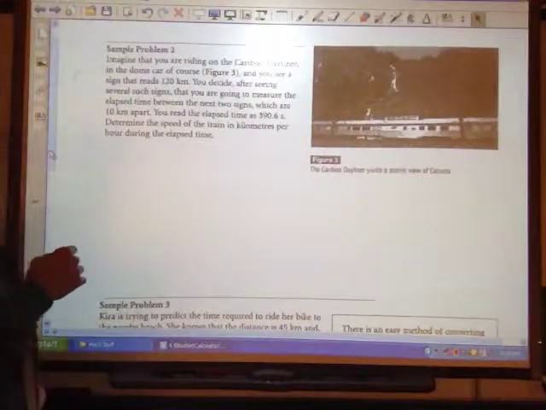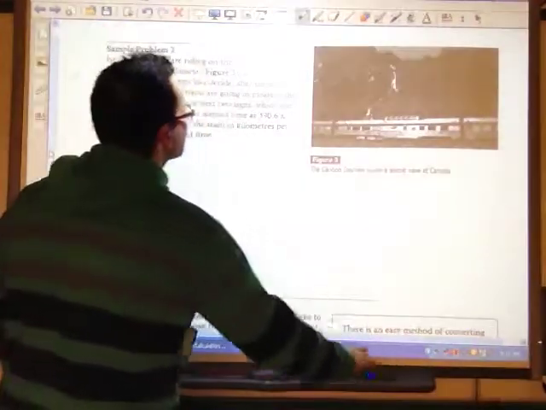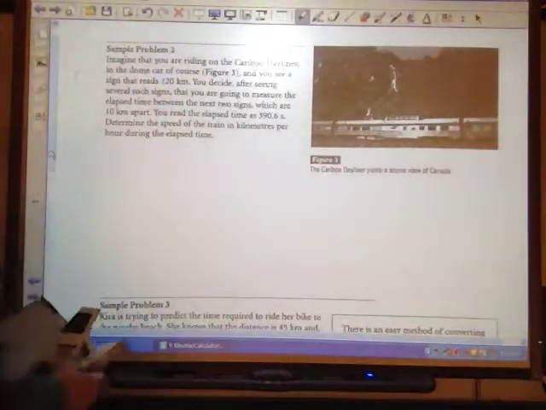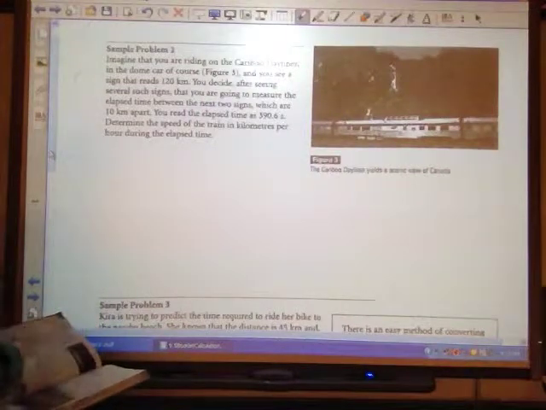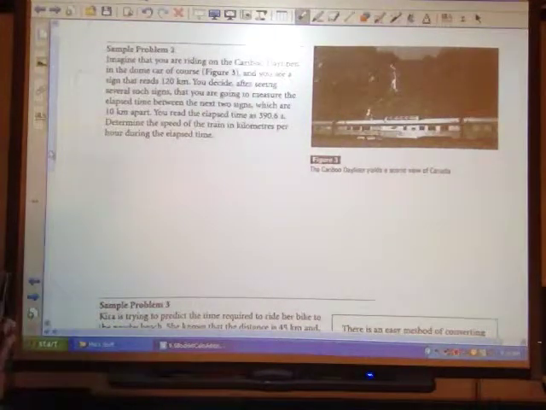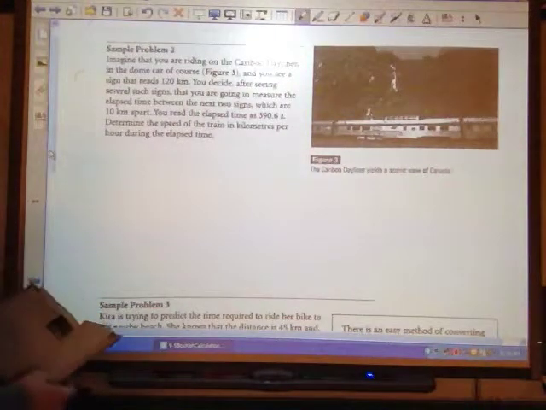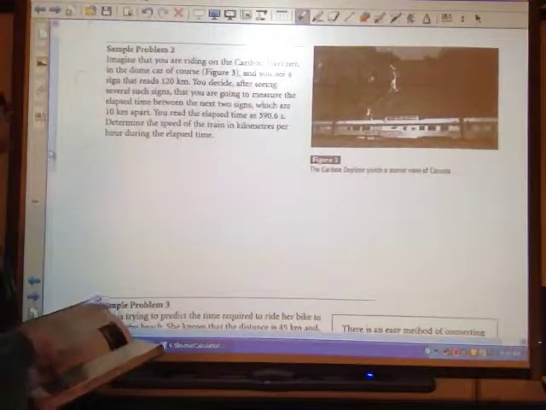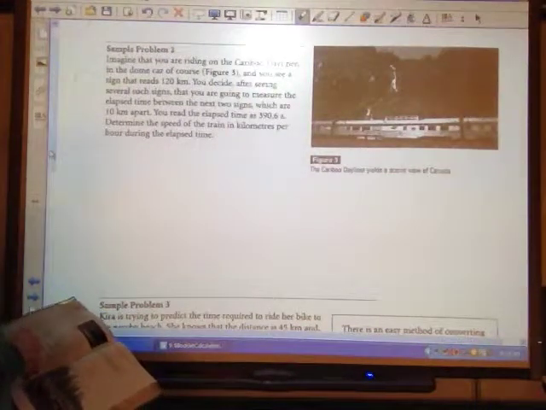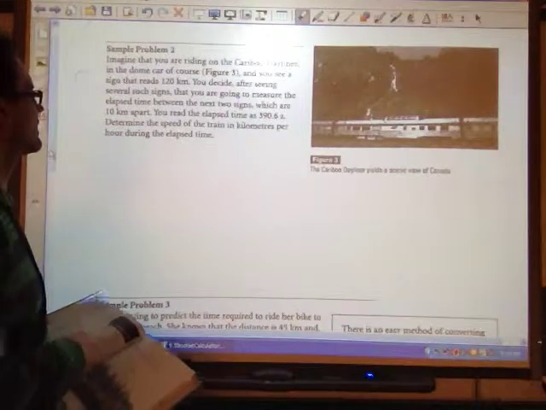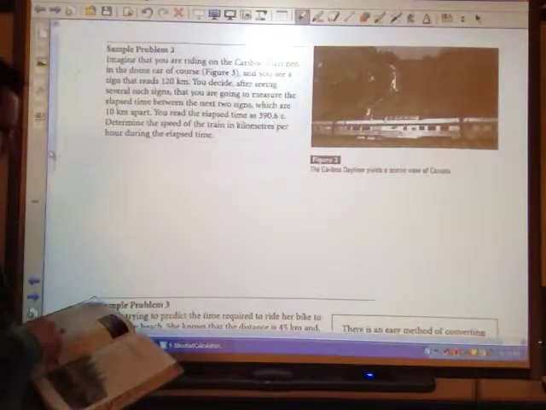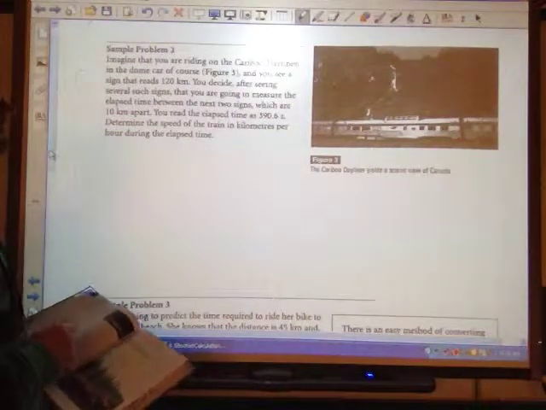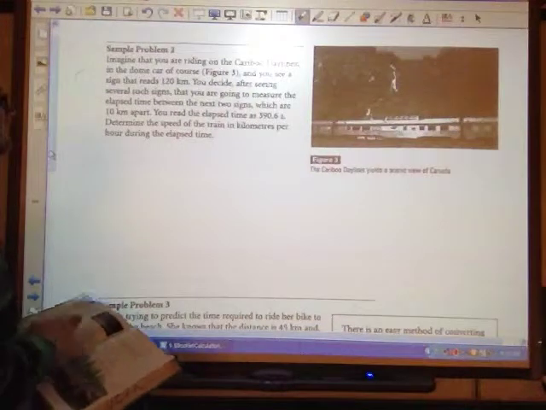Looking at the second question. Imagine that you are riding on the Caribou Dayliner, in the dome car, of course, and you see that a sign reads 120 kilometers. You decide after seeing several signs that you're going to measure the elapsed time between the next two signs, which are 10 kilometers apart. You read the elapsed time as 390.6 seconds.